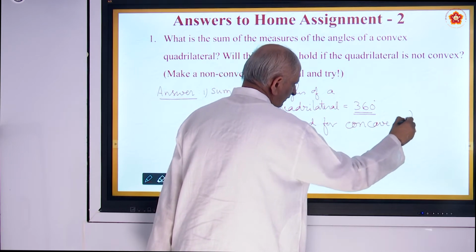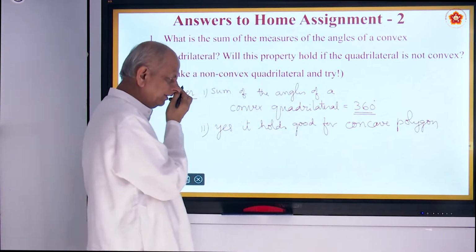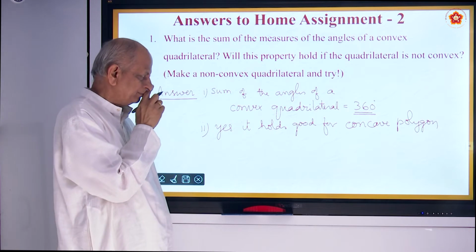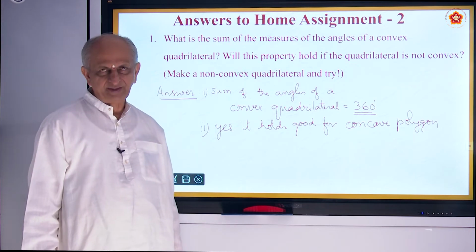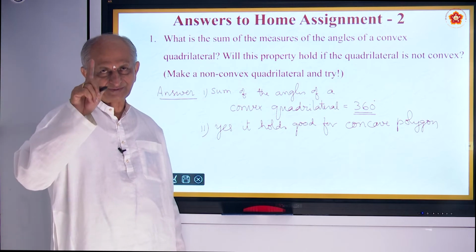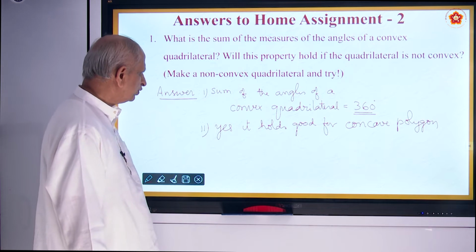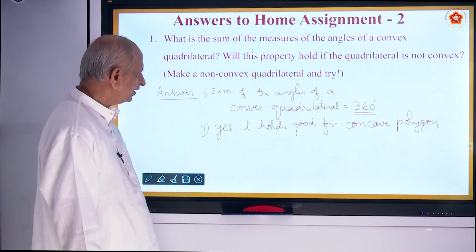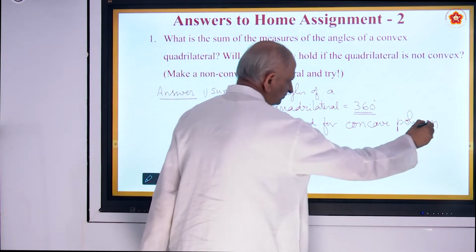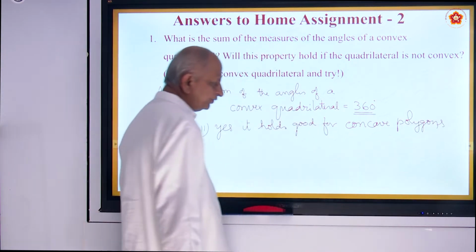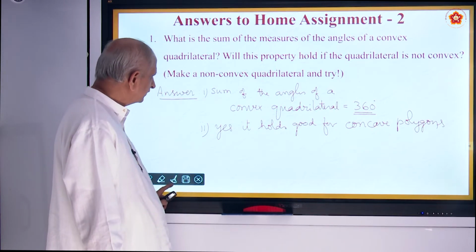The sum is always 360, but in concave polygons, the angles are not equal. The measurements may be different, and one or two of them may be reflex angles. So, you can construct or draw a concave polygon and check it, using a protractor to measure the angles. Okay? Noted?